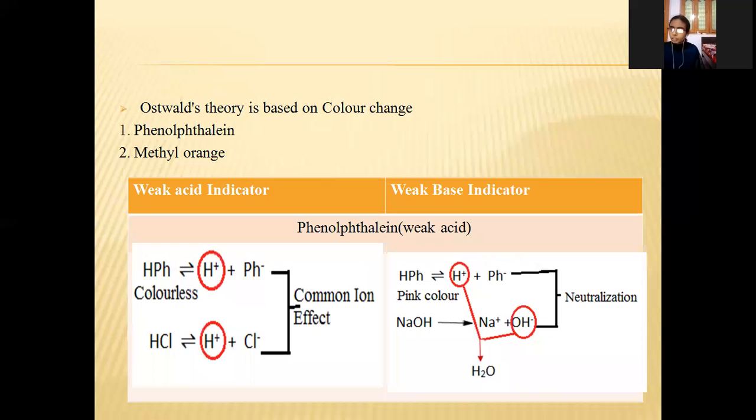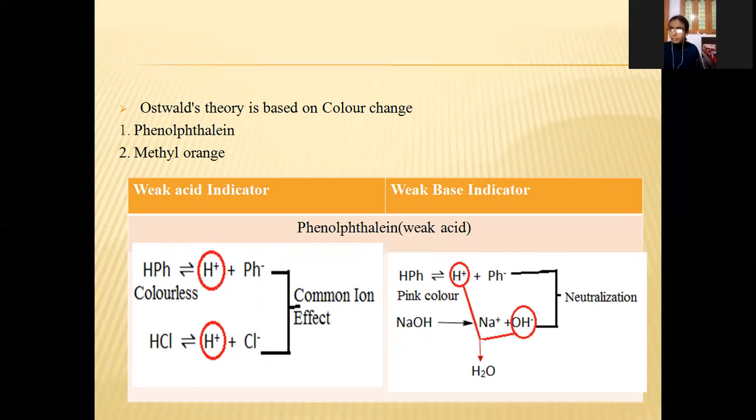So there won't be any color change because it does not undergo the neutralization process, because both of them are acids, both of them are the same. But in case of the base, when the phenolphthalein is dissolved in the base, that is sodium hydroxide, here H plus and OH are separated in the form of water and it undergoes the neutralization process. So the end point is pink color.